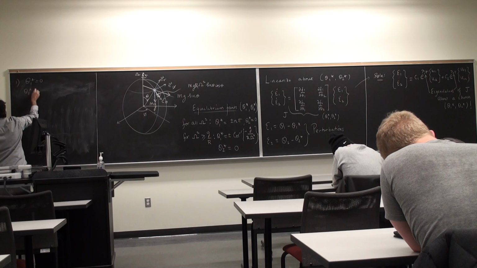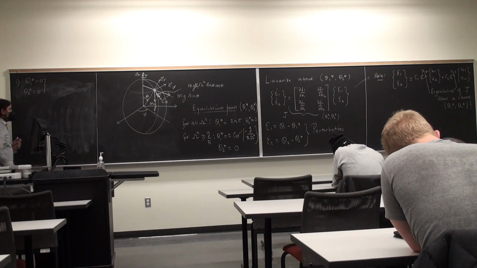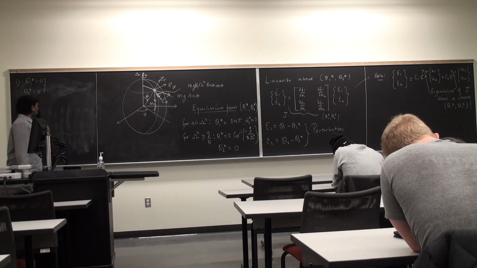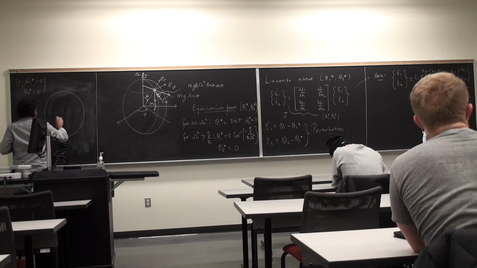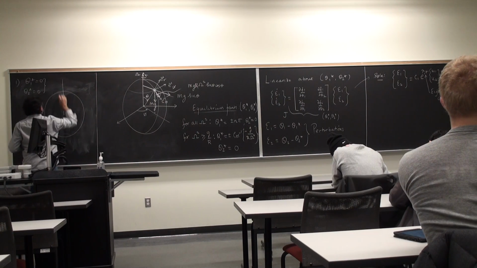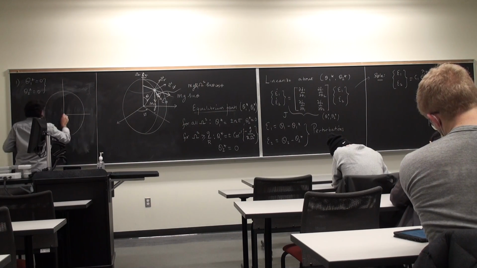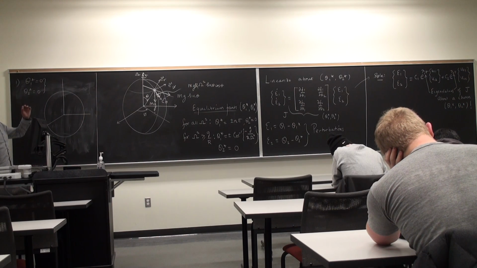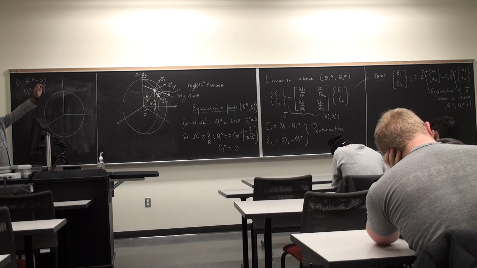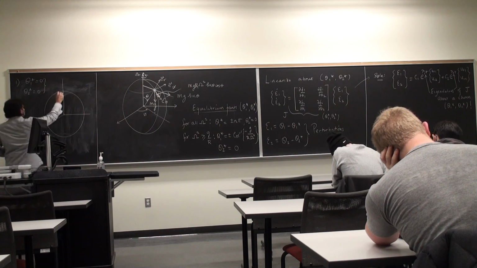Theta 2 star is equal to 0. And we want to see if this equilibrium point is stable or not. What does that mean? I'll draw the hoop. Okay. If theta is equal to 0, then the bead is sitting right on the top of the hoop. Okay. It's sitting right here.